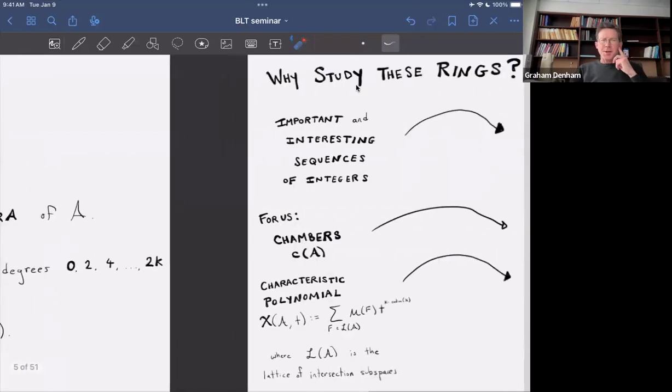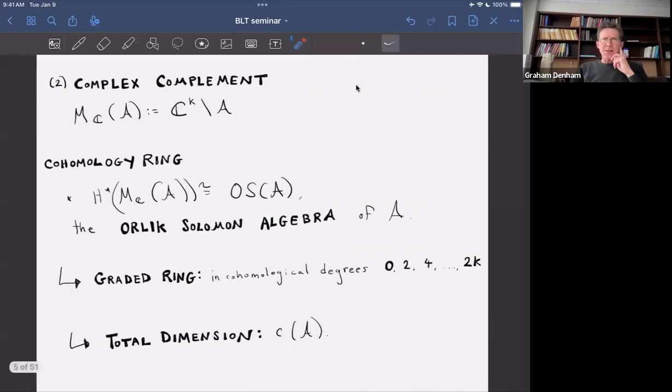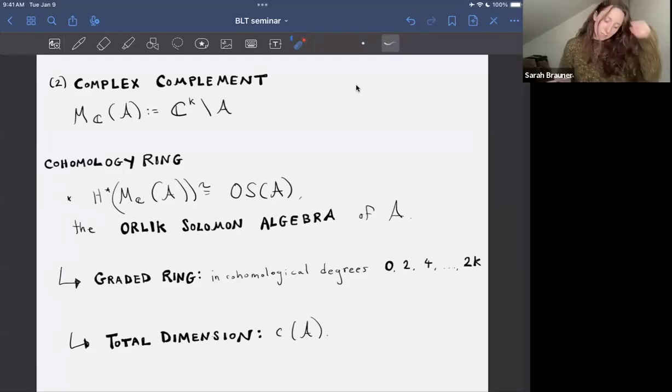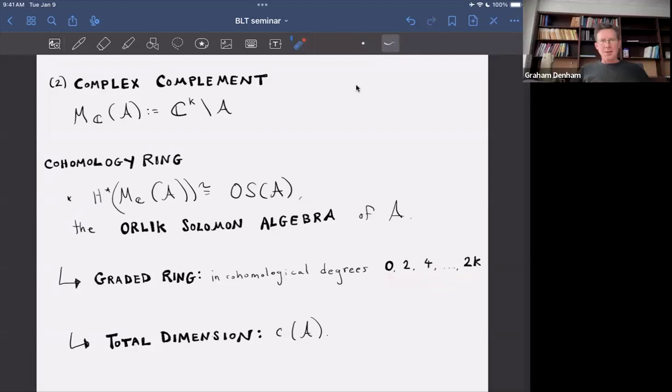Sorry, question. That's not the usual grading, since topologically it's generated in degree 1, right? Yeah, so you can think about the cohomological generator as being in degree 2, but if you just think about it as an exterior algebra modulo relations, then you could think about that generator in degree 1, and then it would just be 0 to K. So that's like the weight filtration, as opposed to the topological degree.